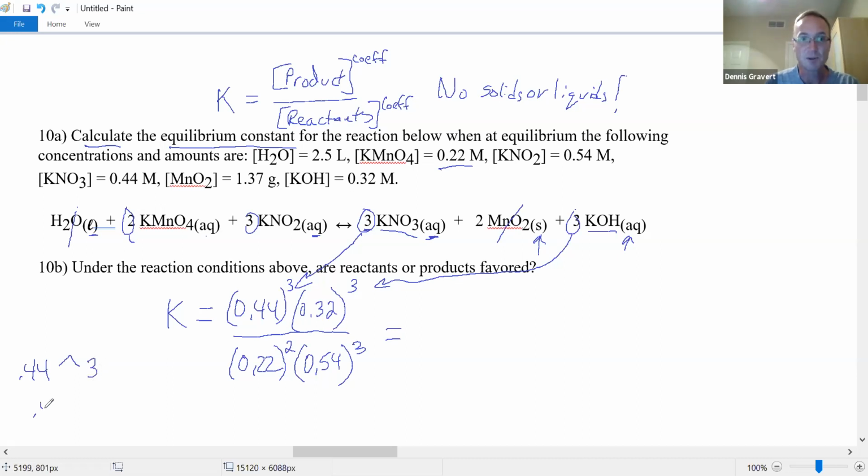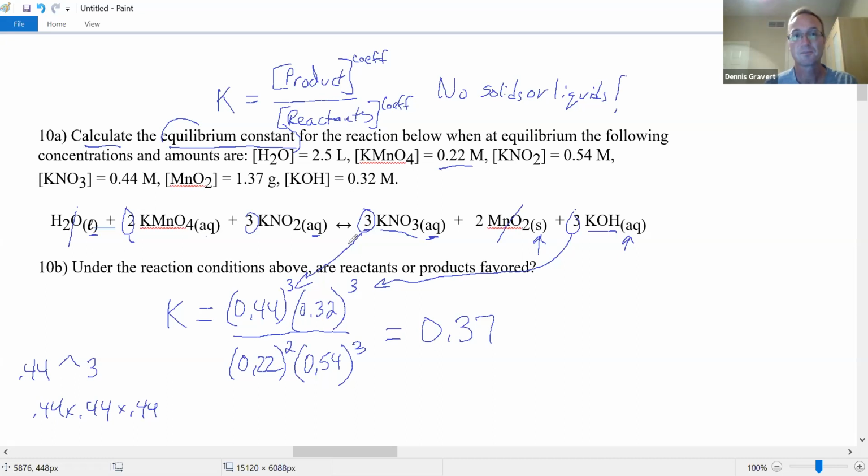Or you can say 0.44 times 0.44 times 0.44. That's also 0.44 cubed. Okay, and you multiply times this, divided by those, and you pay attention to the exponents, you should get 2 sig fig 0.37. And we did it. That's the equilibrium constant. That's what K is equal to.